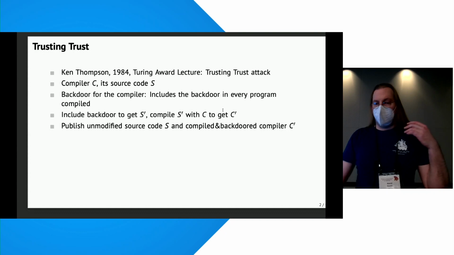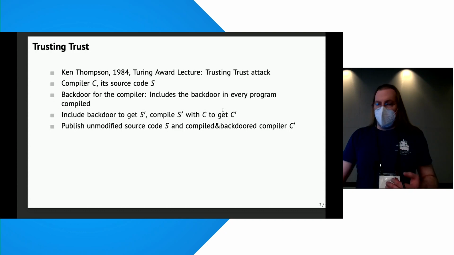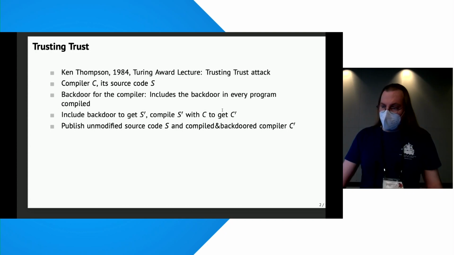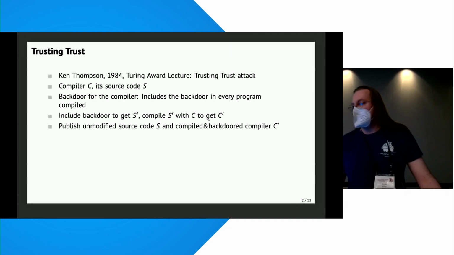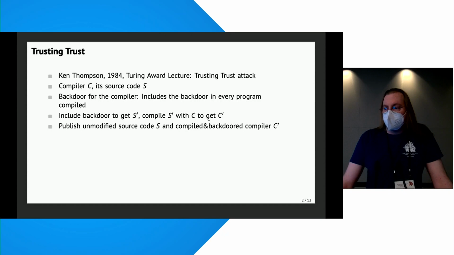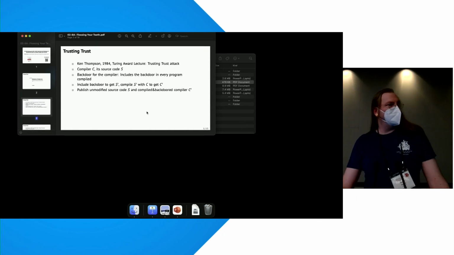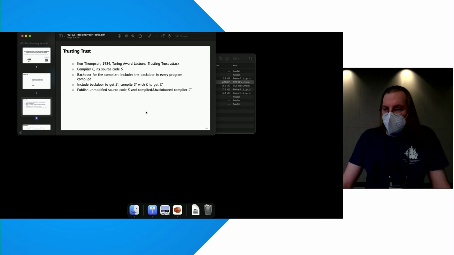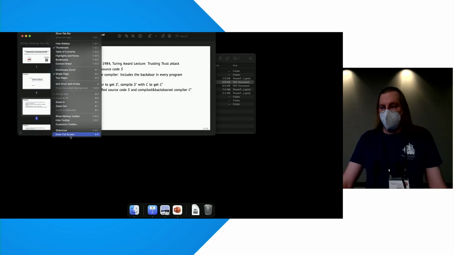You get the modified source code with a backdoor, which is S prime. You compile it to binary. You get the backdoored compiler C prime. And then you publish the unmodified source code S, and you publish the compiled and backdoored compiler C prime.